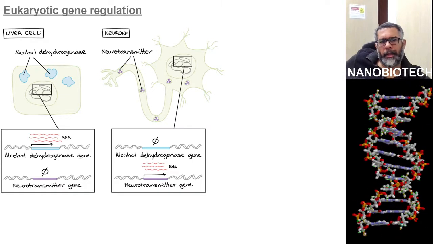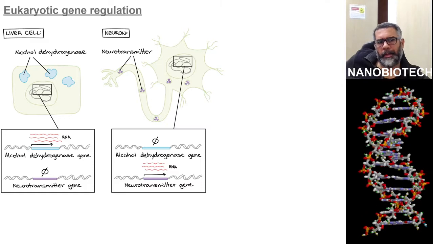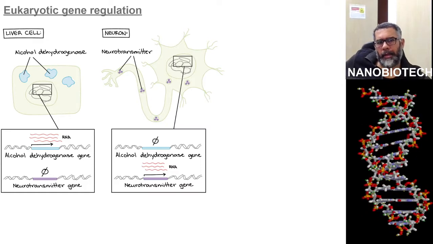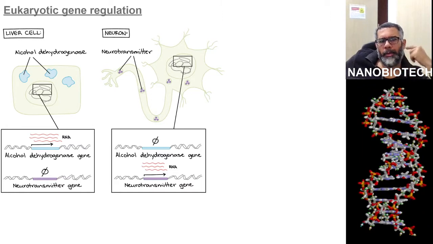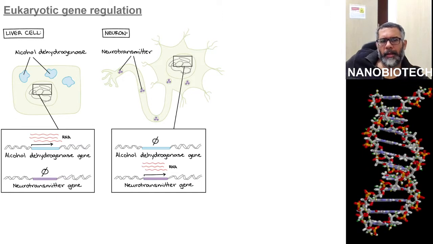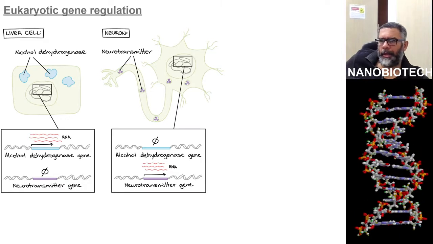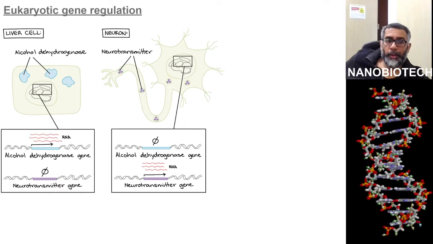The body contains hundreds of different cell types, from immune cells to skin cells to neurons. Almost all of our cells contain the same set of DNA instructions, right? So why do they look so different?